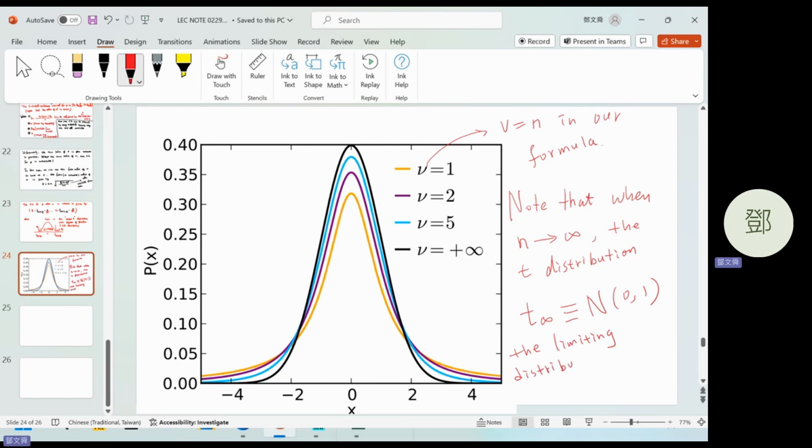The limiting distribution of T is the standard normal. Hey, they are cousins. They are very closely related.